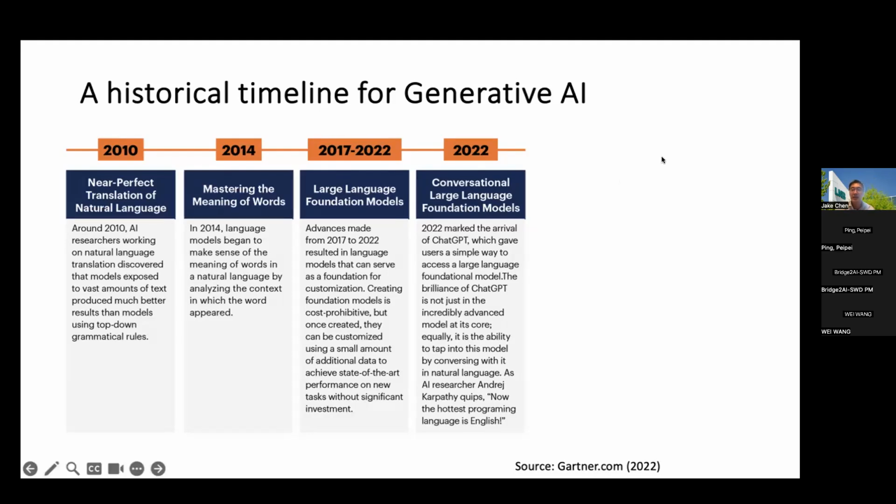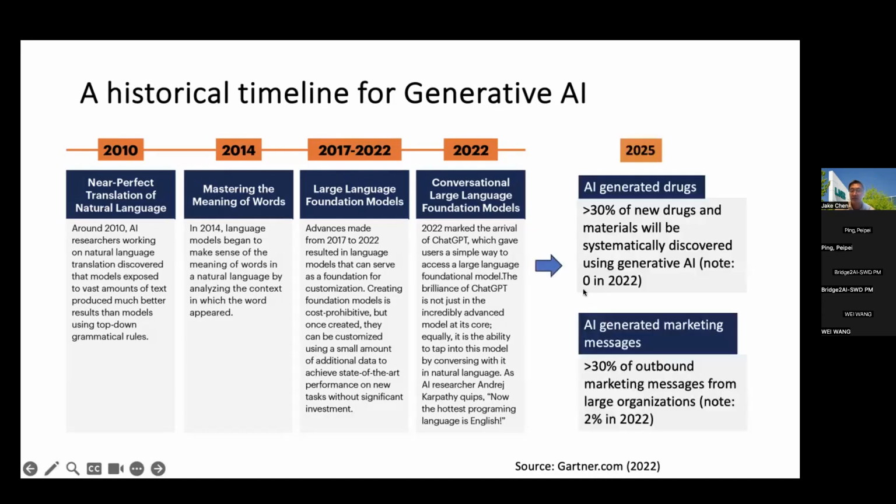So to the point that people are predicting, Gartner specifically is predicting, that today there are actually 0 AI generative drugs. They're predicting, I'm not sure whether they're too optimistic, that 30% of new drugs in the future will be generated by AI. Certainly, I can see that for biologics drugs that are complex antibody structures, people are already using AI methods.